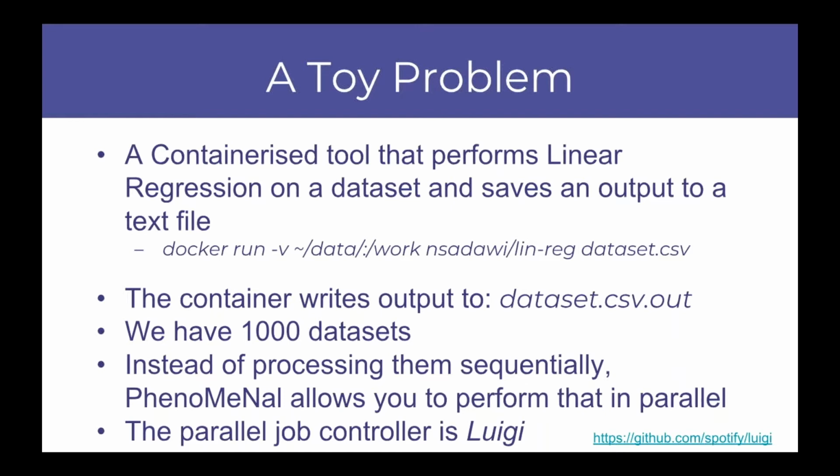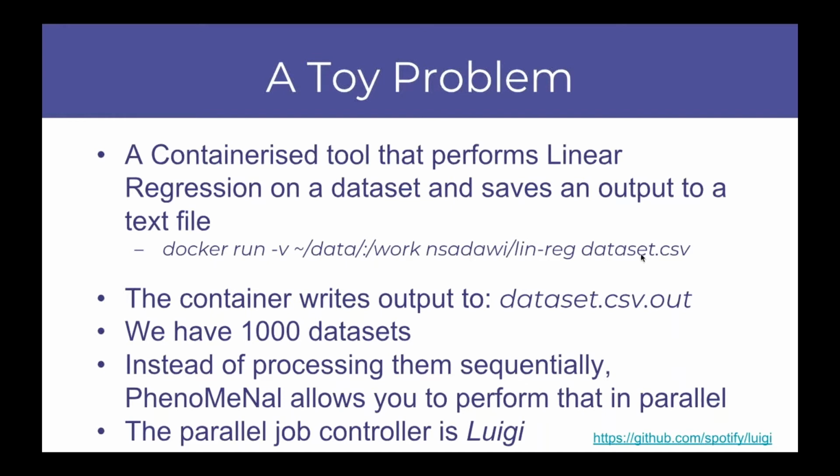I will show you the Dockerfile to create the Docker container, and it's run in this way: docker run -v. So we do volume mapping. This data folder is on the host machine, and this /work folder is in the Docker container, and this is the container name, and that's an input data set.